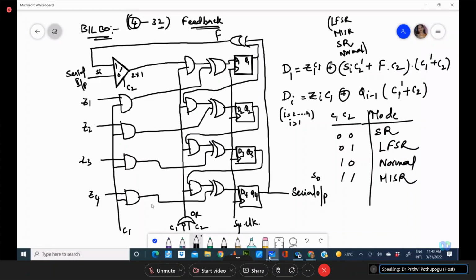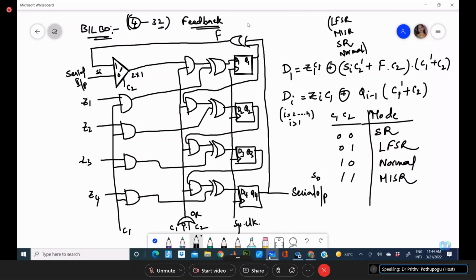Now if here you take C1 is 0 or C2 is 1, that means any one of the things is 1, your OR gate makes the feedback of the previous stage Q connected to D. Doing so, you have an XOR operator here, means that you are trying to analyze the system response with the LFSR.